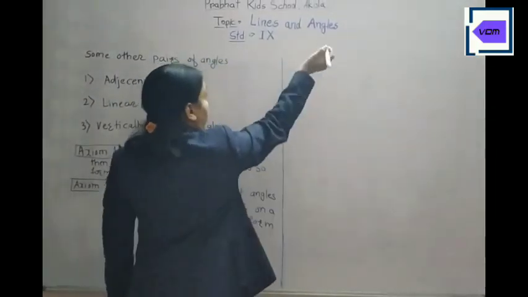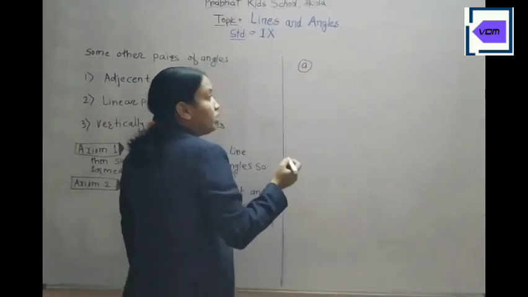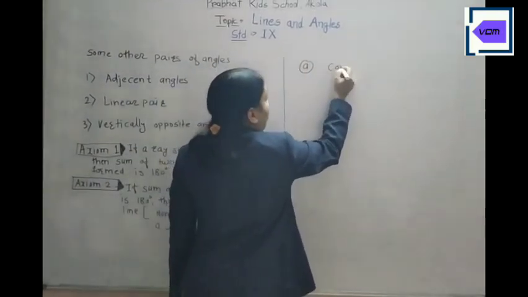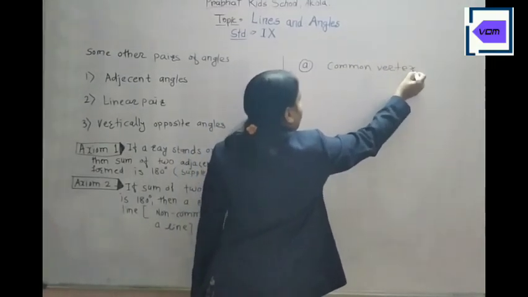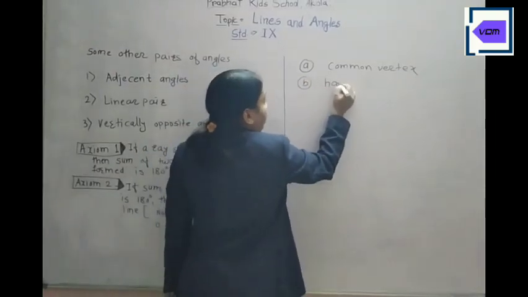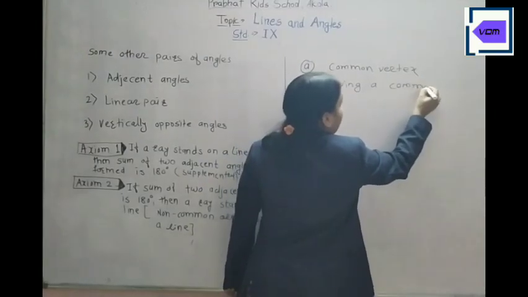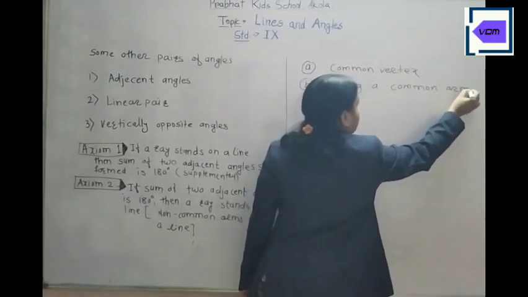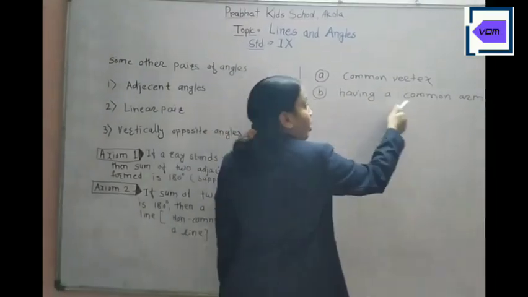What are the adjacent angles? First, both the angles should have a common vertex. Second is having a common arm, meaning the two angles should have the common vertex and should have the common arm.